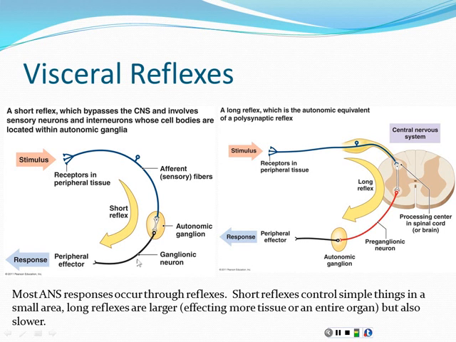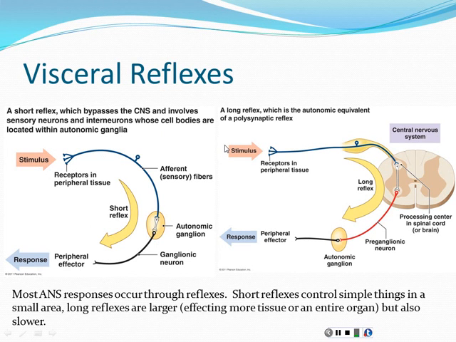So these short reflexes are very fast because they don't have to involve the brain or the spinal cord. They can just occur right here at this ganglion. So probably the reason why we have this extra synapse in the autonomic nervous system is for speed and responsiveness. So we've got a short reflex. Short reflexes usually control small, simple things in a small area, all right?